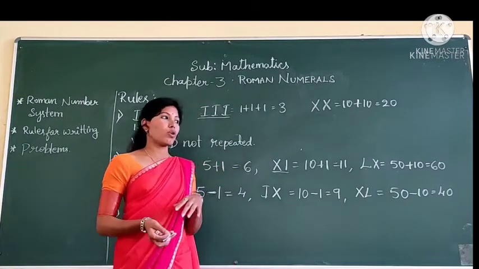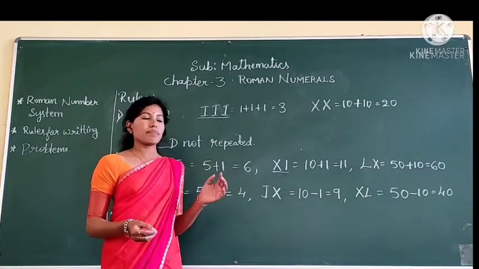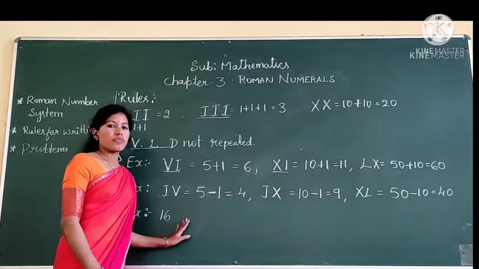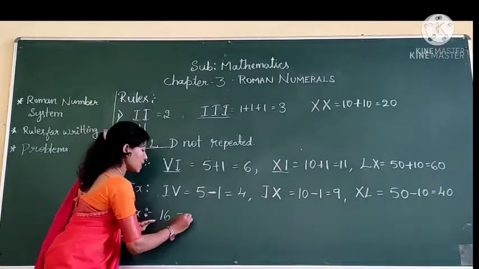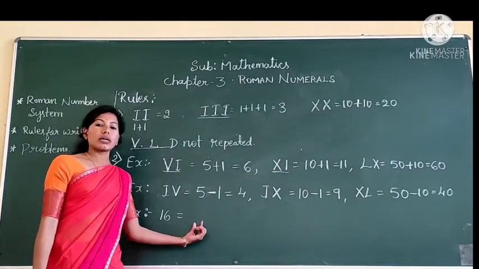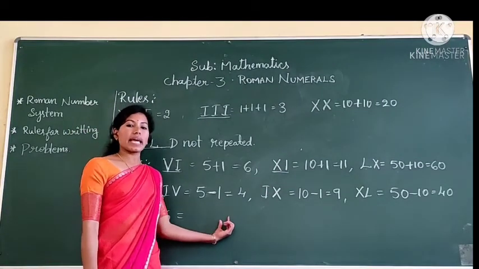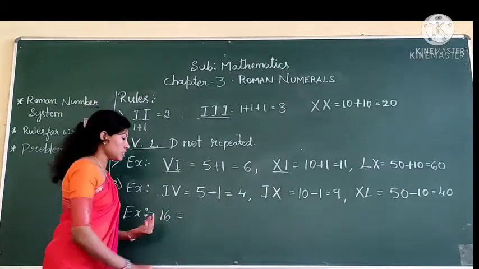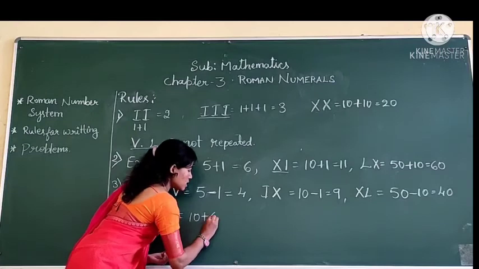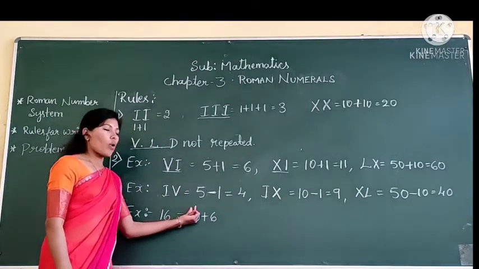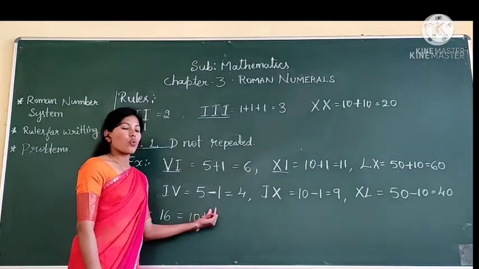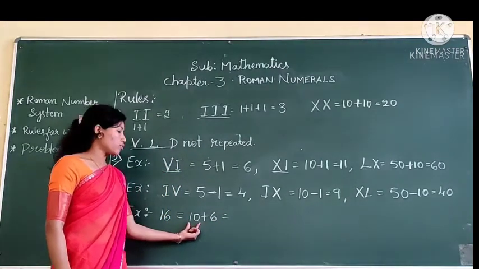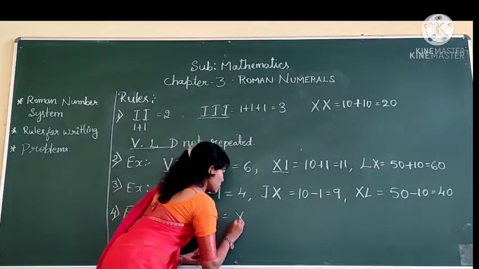If they give a number more than 10, here I will take 16. If they give numbers like this, we have to group the numbers by tens and ones. Here 16 means 10 plus 6. This is 1 ten and 6 ones. So for this 10 we have to write X first.